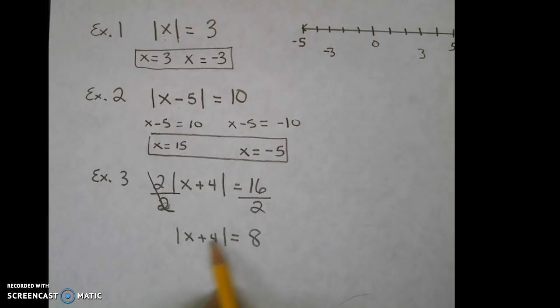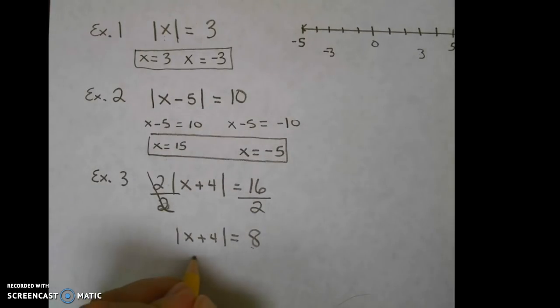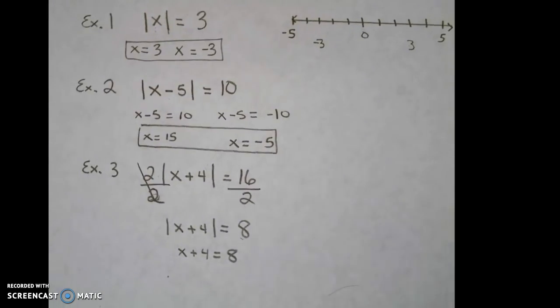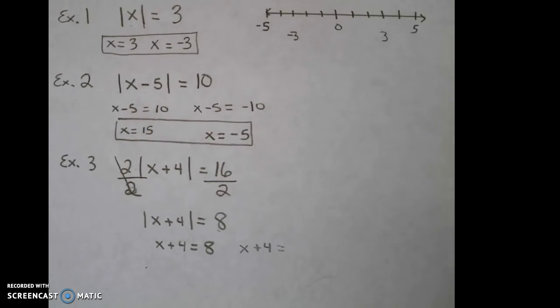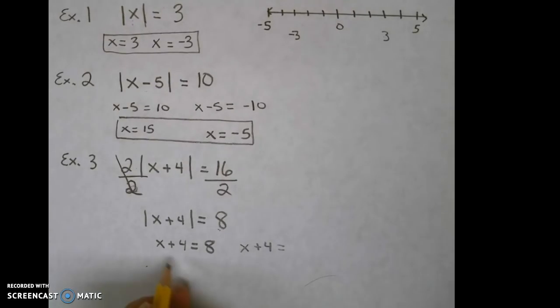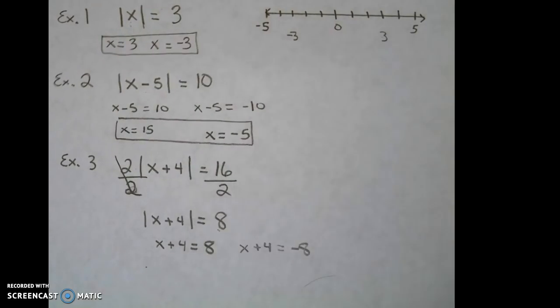So we want to know what number is 8 units from 0. Well, there's 2 of them. X plus 4 could be positive 8, and x plus 4 could be what? That's right, negative 8.